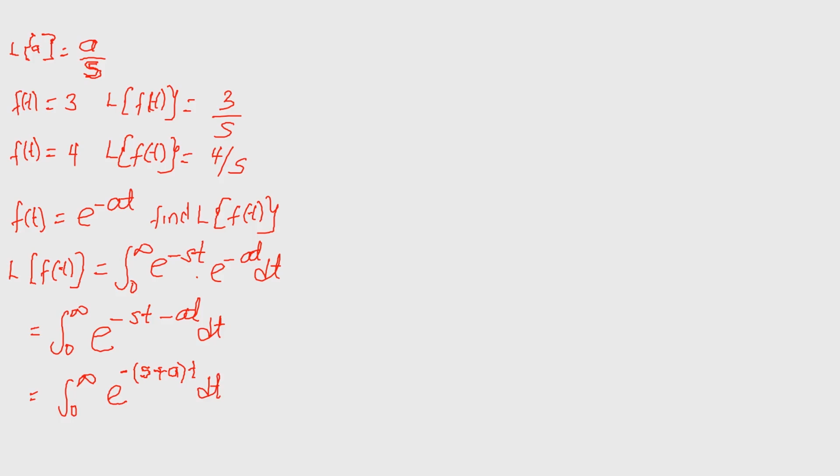So now the next thing you do is, since you have e raised to the power of minus s plus a t dt, you say let u be equal to minus s plus a t.